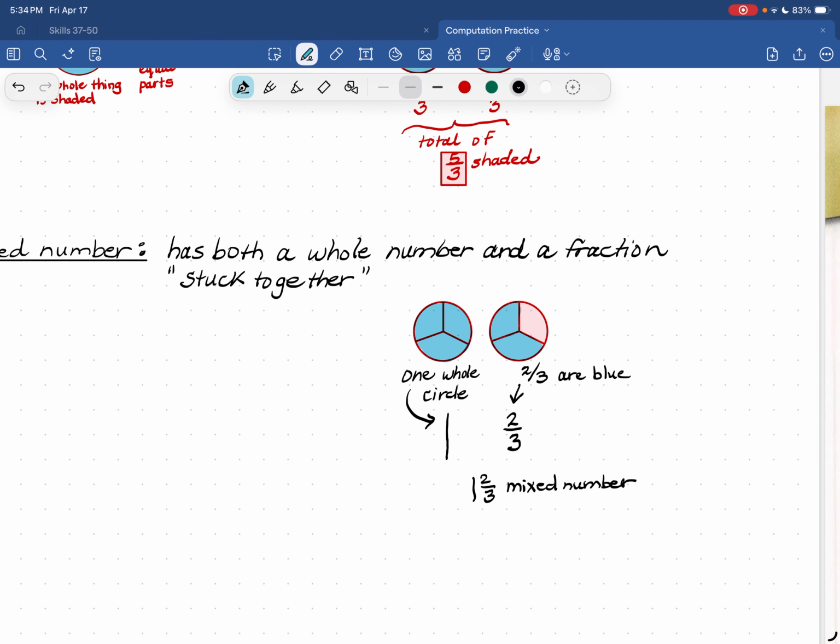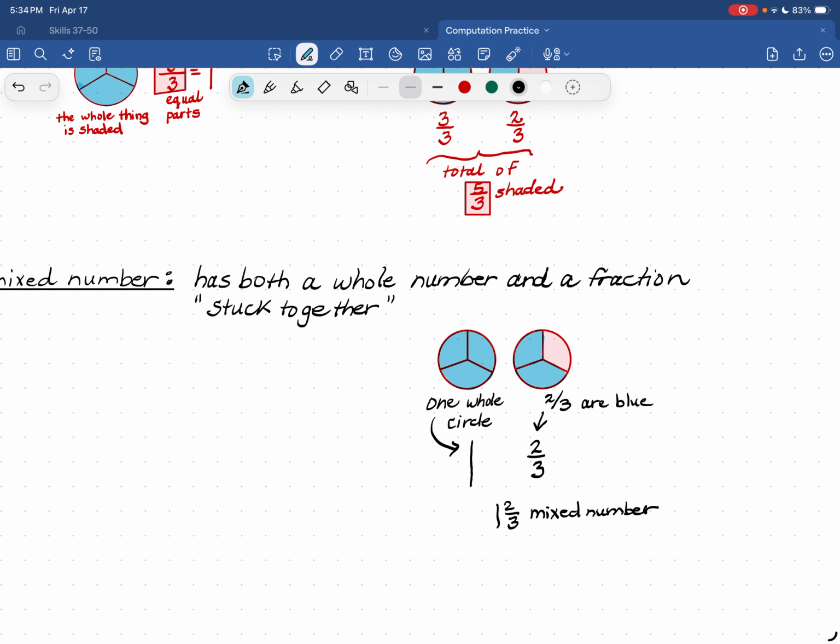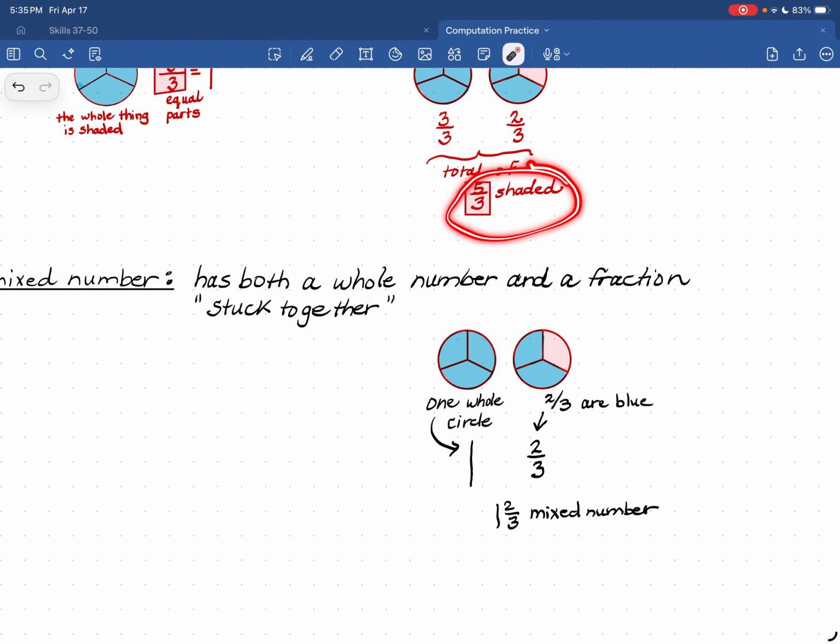So then we could say that 5/3 and 1 2/3 are exactly the same amount. There are just two different ways of writing them.